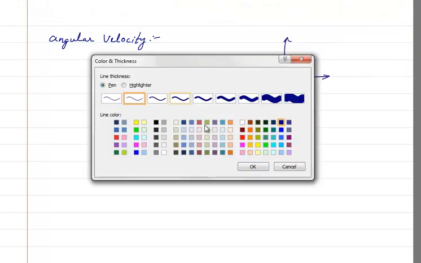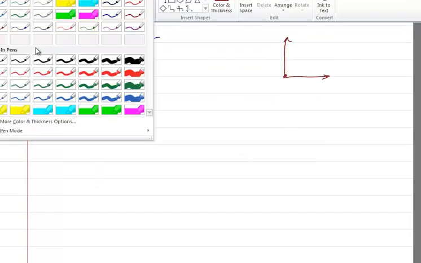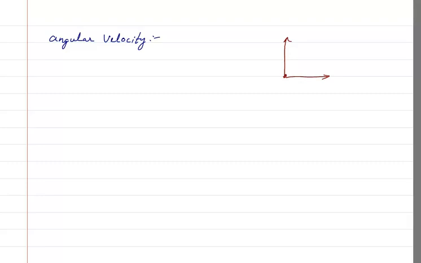Suppose we have a point of origin here, and we have three directions. One is going in this direction as I've drawn, the second is perpendicular to it, and the third one is coming out of the paper. I have not drawn it because it is coming out of the paper.